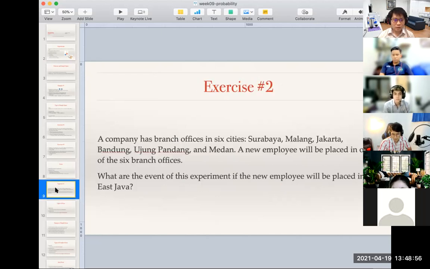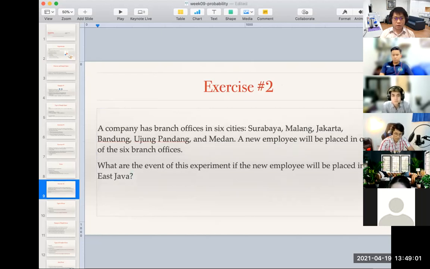I haven't read the answer yet. Here, remember when you write this kind of event, you need to write the symbol E equal to Surabaya and Malang. So this is the solution of these questions.